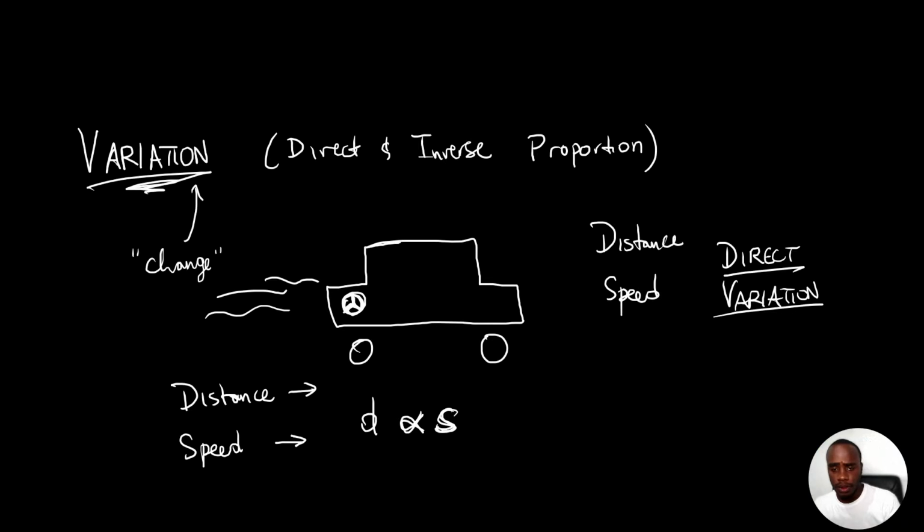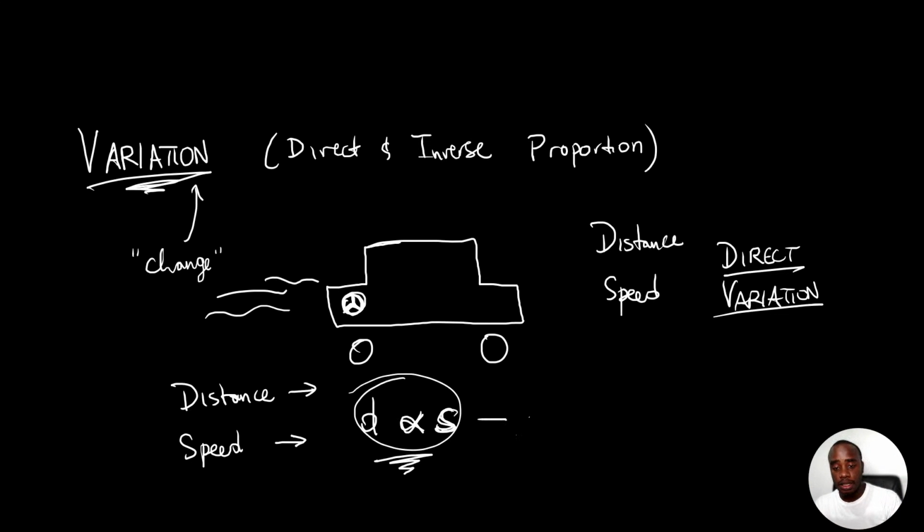Cool? Now in direct variation, or variation in general, this can be translated into an equation. Because if you just leave it like this, it just tells us it's proportional. But now to actually calculate stuff, you can create an equation for it. It's basically saying that because as one goes up, the other goes up, there must be some constant it goes up by.